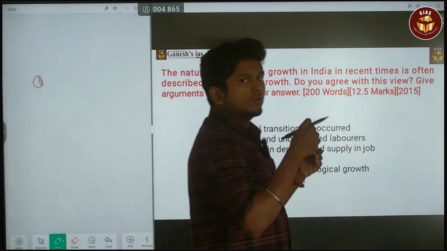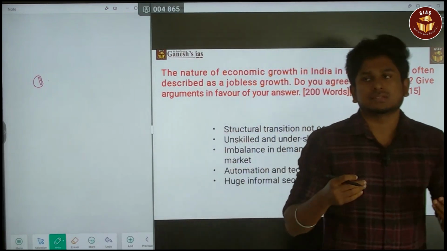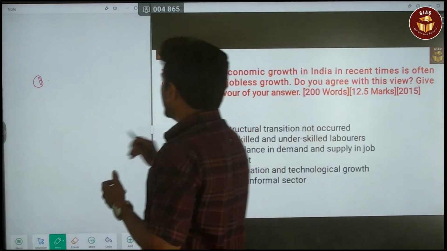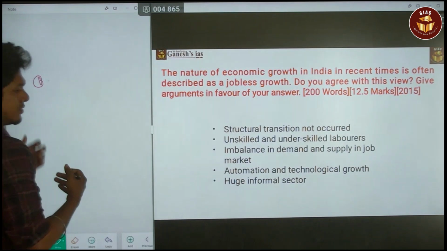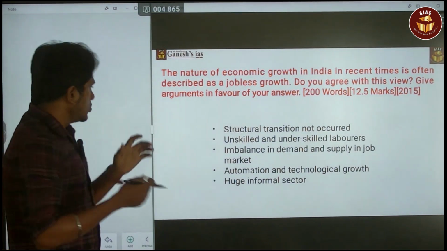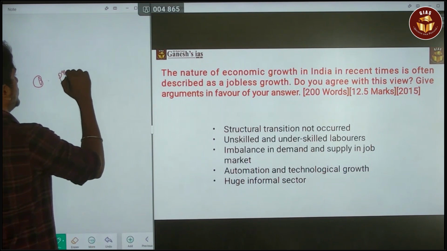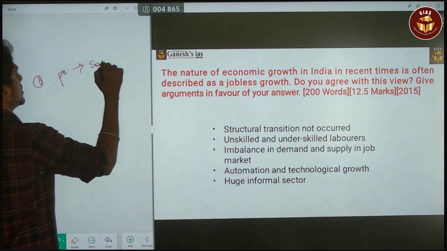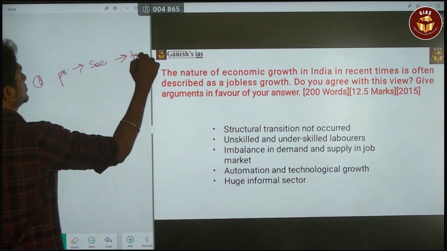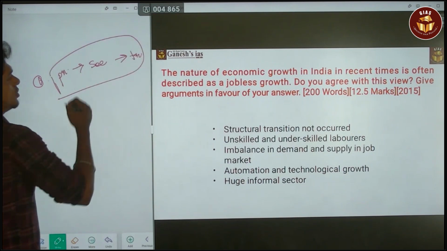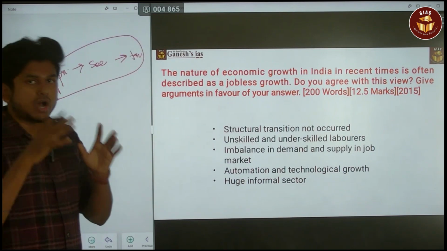So your point should justify both things. Structural transition not occurring means that usually sectoral growth goes from primary, then to secondary, then to tertiary. This is how the structural transition should occur.